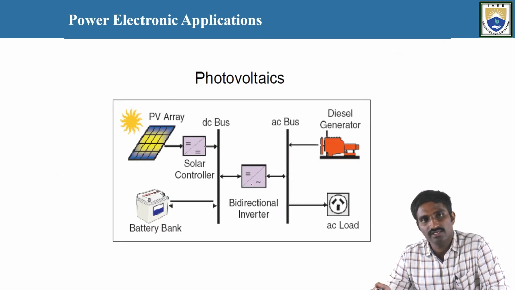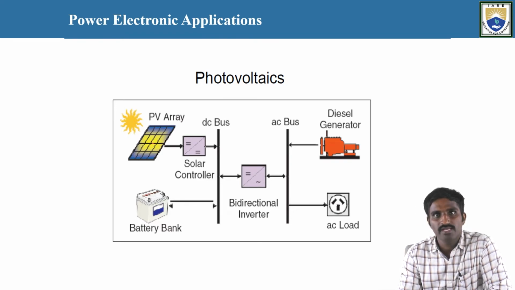And let me consider another example, the most popular renewable energy, that is PV energy. As we can see here, this is the PV panel, and from the PV panel the output is producing DC. This is the DC bus that we are connecting. Then this is the battery bank.